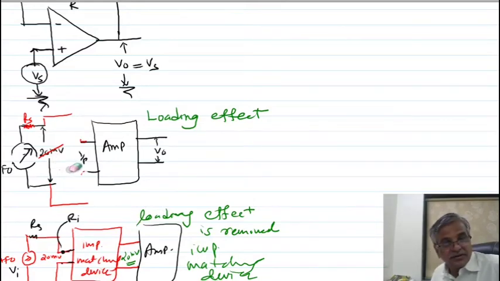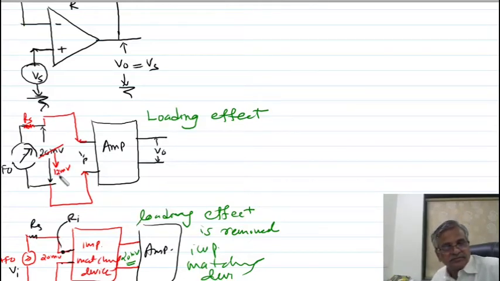Okay, now you are connecting. As you make the connection, from 20 it becomes immediately 12. Voltage drops. From 20 it dropped to 12 millivolt. I think you understand what I am doing. This is called loading effect.